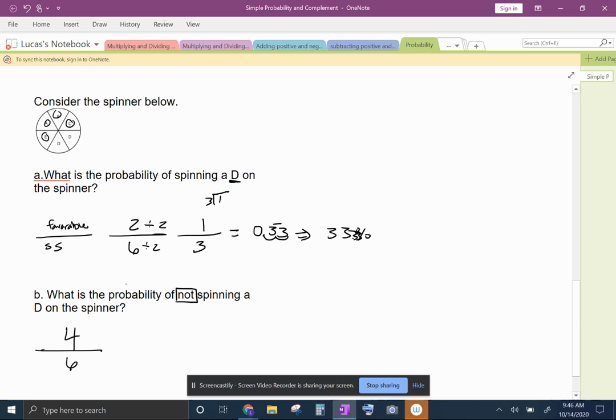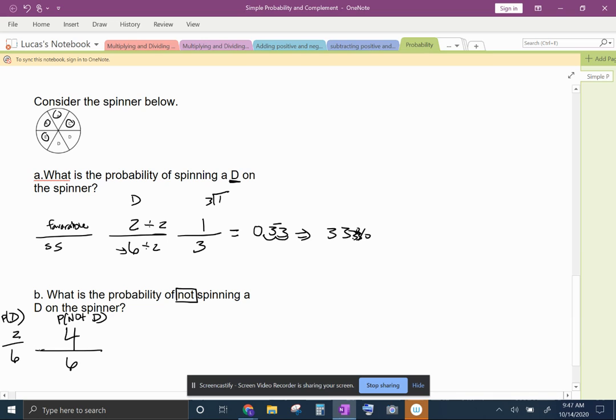Or I can see, well, if 2 are D, then there must be another 4 that are not D, because there's 6 total possible outcomes.